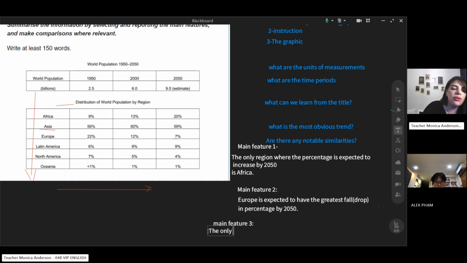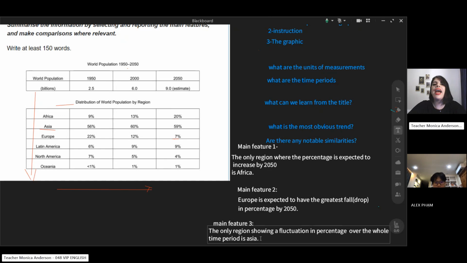So the only region showing fluctuation in percentage, of course, over the whole time, is Asia.